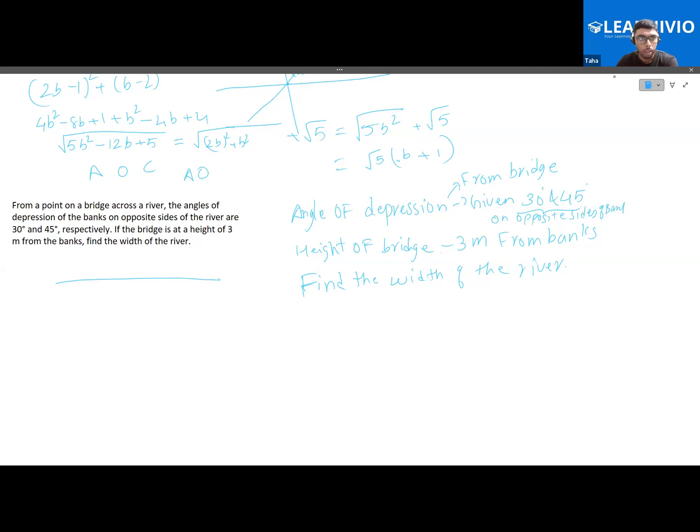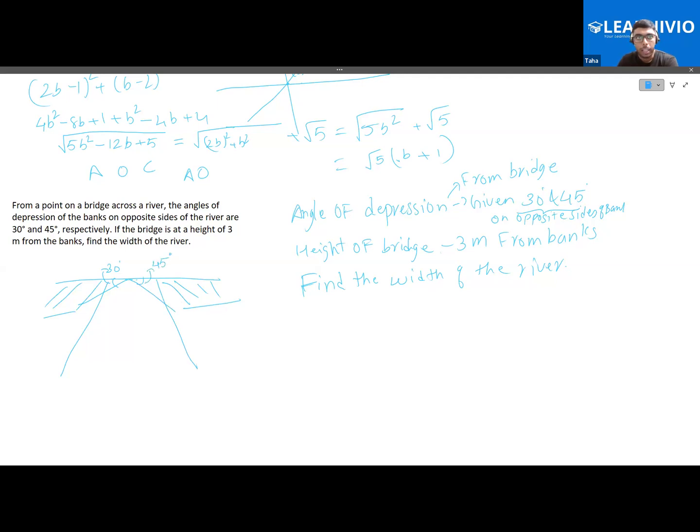Okay. So there is a river that is flowing. And there is this bridge. So the angle of depression on one side is 30 degrees. And on the other side, it is 45 degrees.